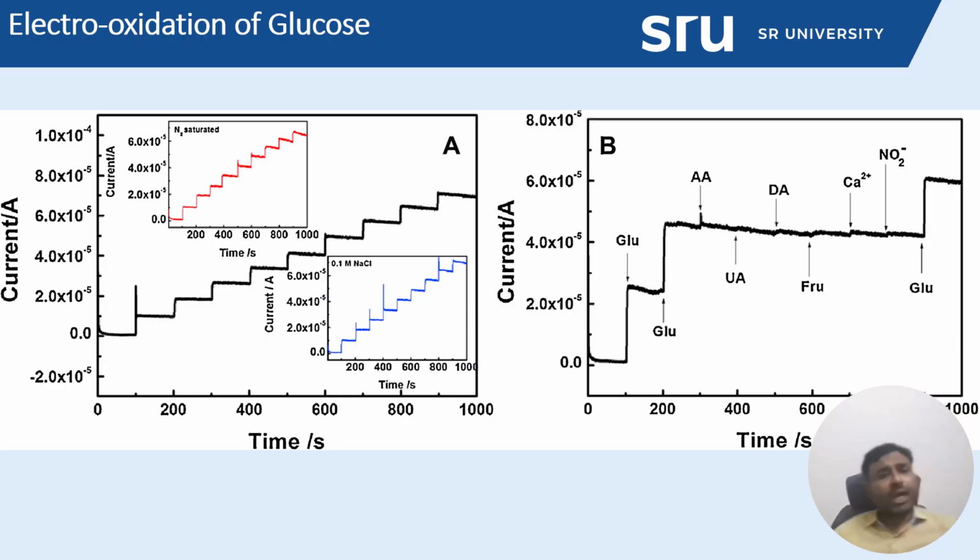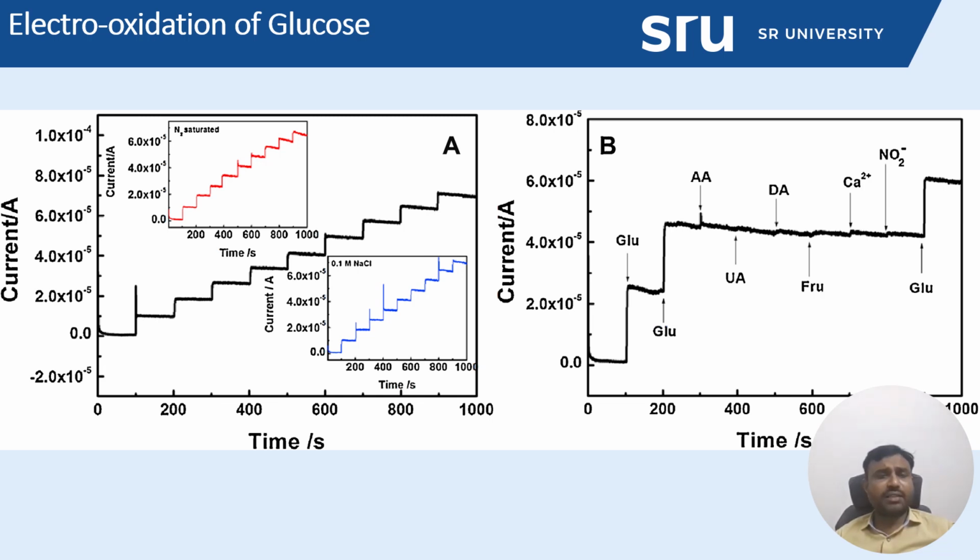So in order to confirm whether the oxidation peak current we observed comes purely from the glucose analyte, initially we have to remove the dissolved oxygen in the electrolyte solution. For example, 0.1 molar NaOH solution was used as the electrolyte solution for the glucose oxidation measurement.